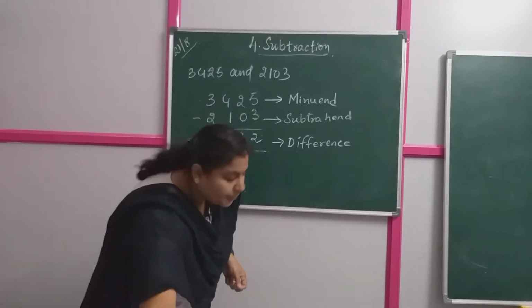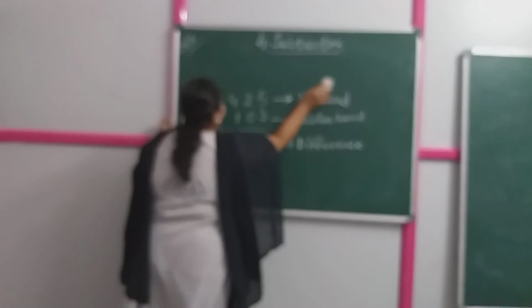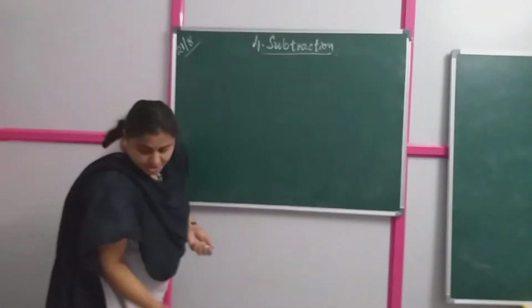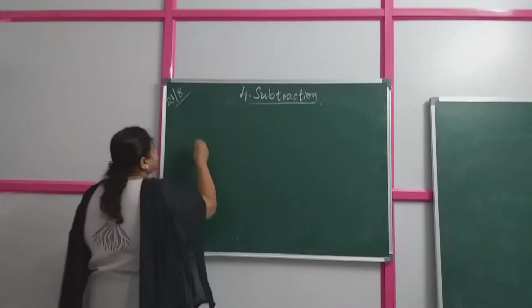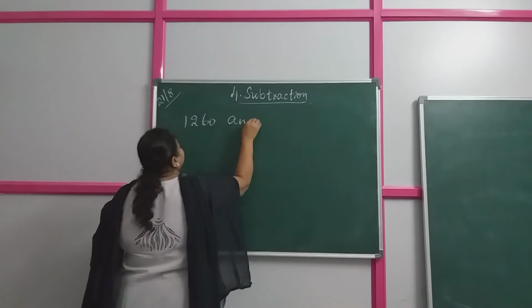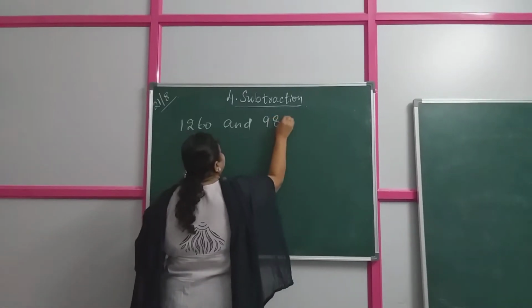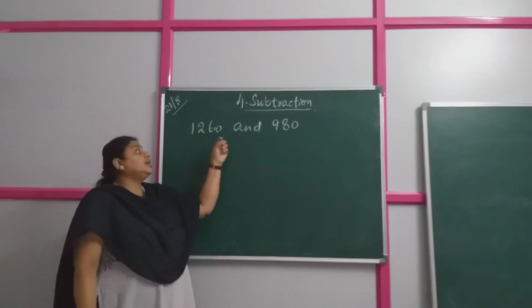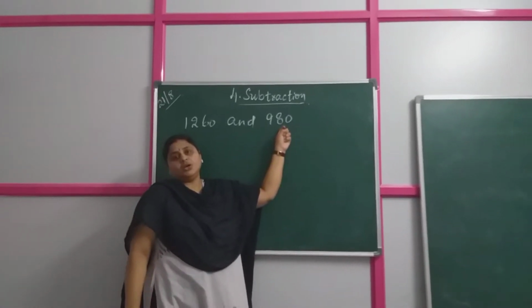Next we will do another problem with regrouping. Let us solve one problem with regrouping. Now let us find out the difference of these two numbers, 1260 and 908. Now see children, here I have 4 digits, here I have 3 digits. Got it?